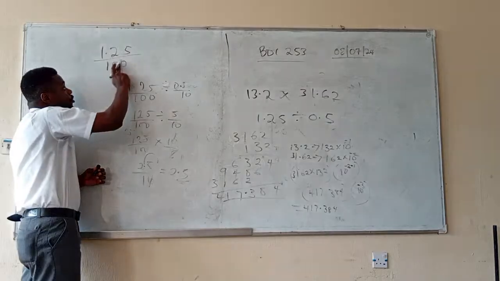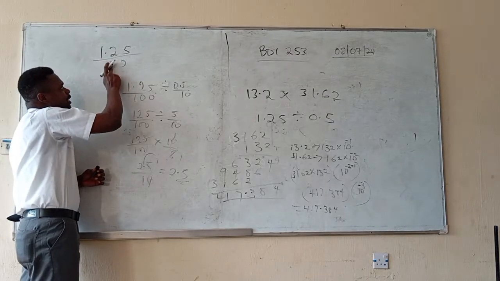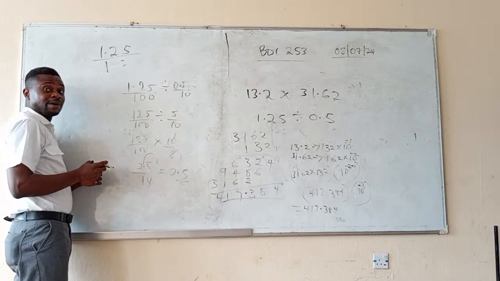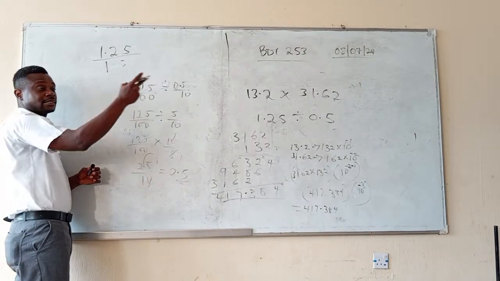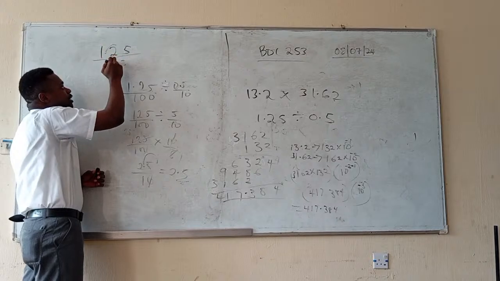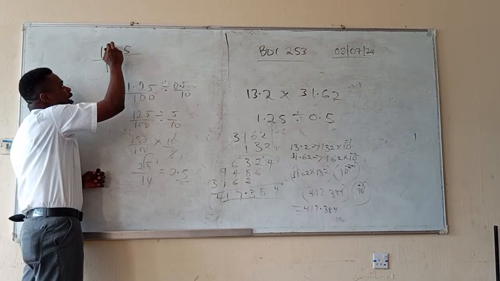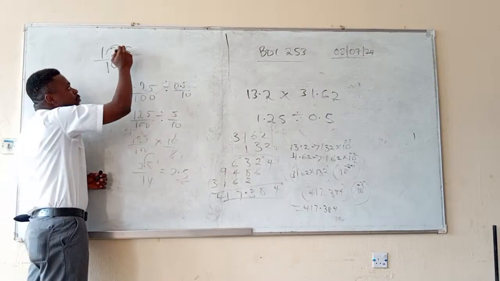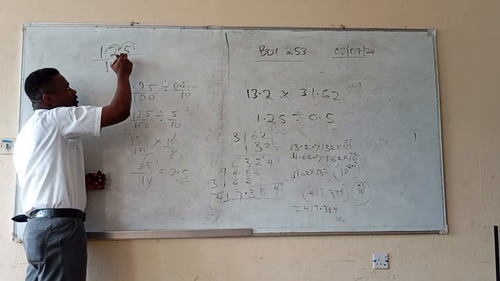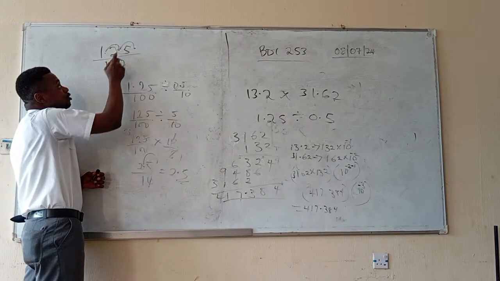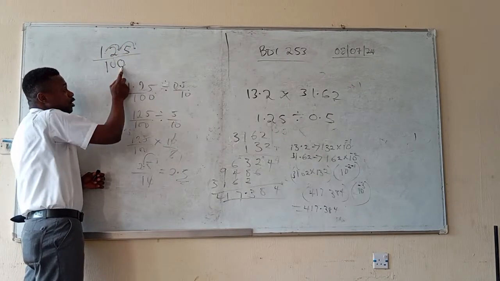Remember, it's just decimal movement you are doing. If you put one here, you have initiated the decimal movement. If you add a 0, the decimal point moves from here to here. If you add another 0, it becomes invisible, moving from here to here.